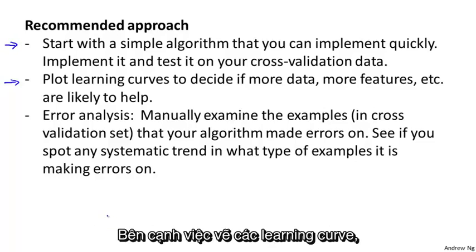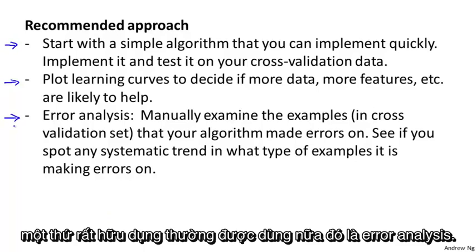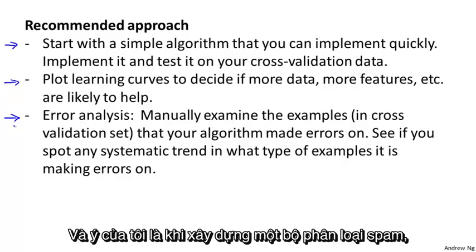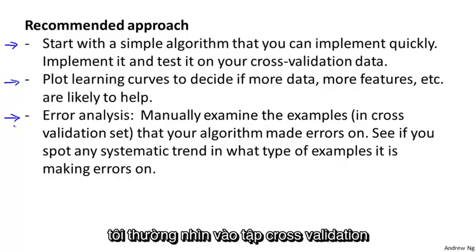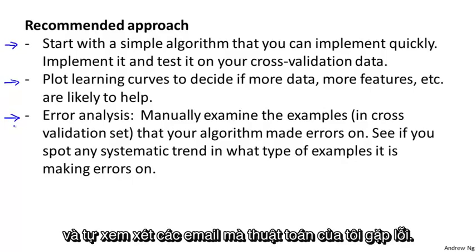In addition to plotting learning curves, one other thing that's often very useful to do is what's called error analysis. And what I mean by that is that when building, say, a spam classifier, I will often look at my cross-validation set and manually look at the emails that my algorithm is making errors on.